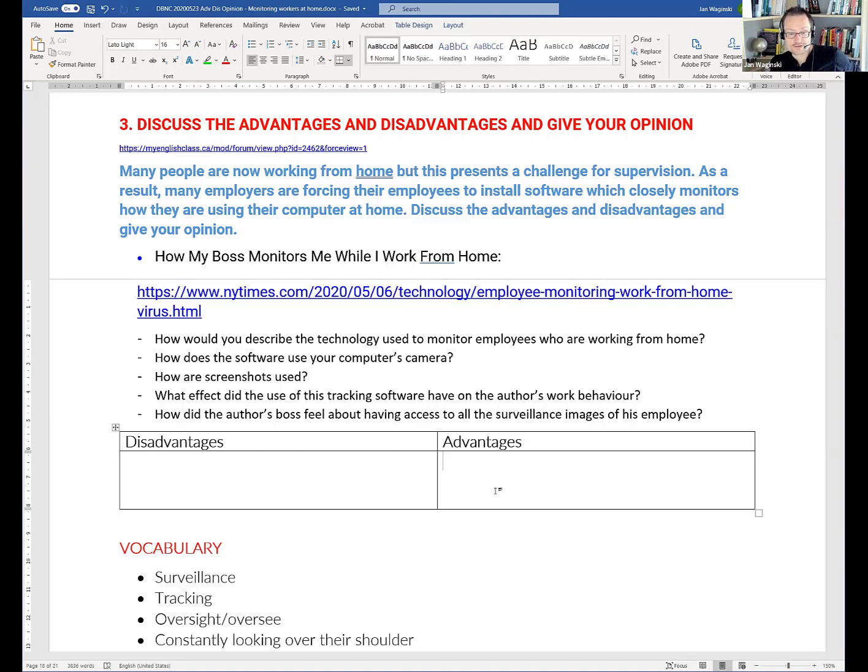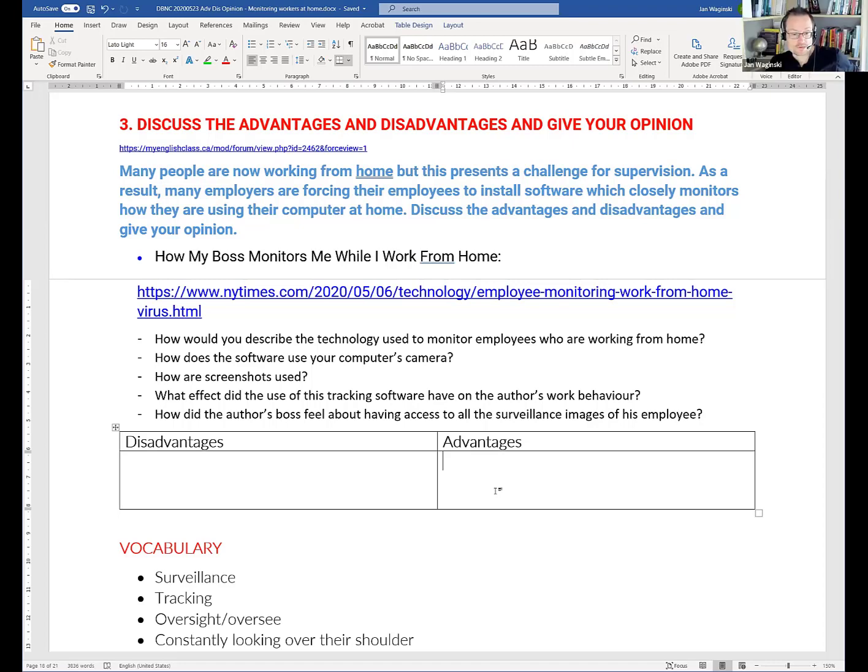The author is a journalist, so this kind of tracking software isn't 100% relevant for all types of work, because a journalist is going to spend a lot of time on phone calls. So the guy was working 14 hours a day, but his productivity score was very low. Yes, because of the type of work that he's doing.